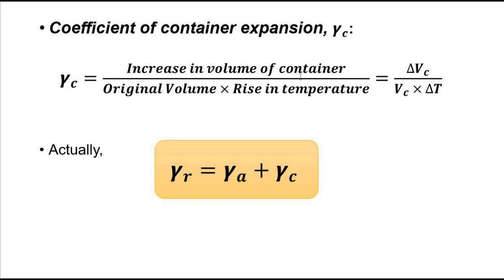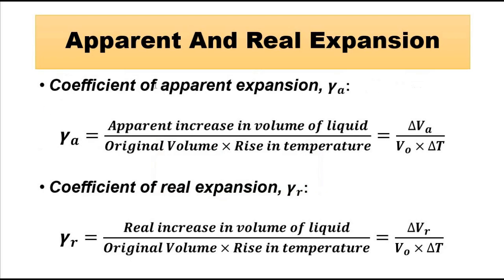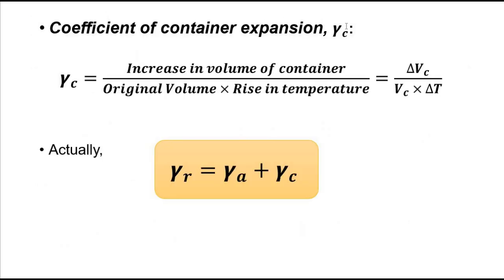This is given by the increase in the volume of the container, delta Vc, by the original volume of the container Vc into delta T. That is the coefficient of container expansion. So this is gamma A, coefficient of apparent expansion, gamma R, which is coefficient of real expansion, this is for the liquid, and this is for the container, gamma C, coefficient of volumetric expansion of the container.